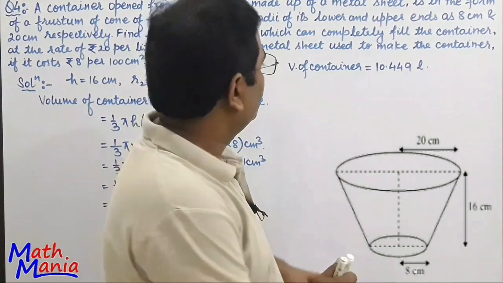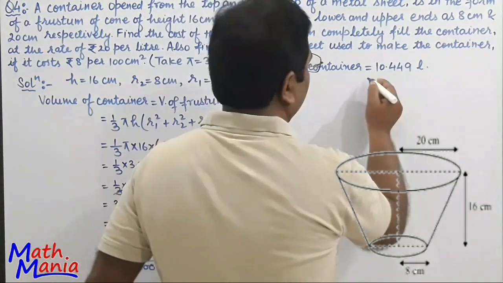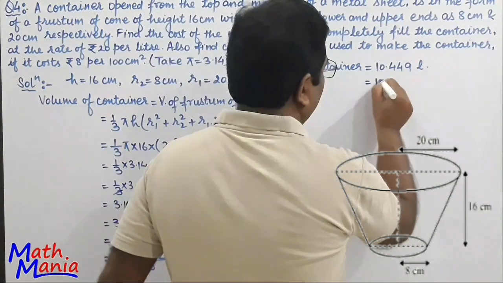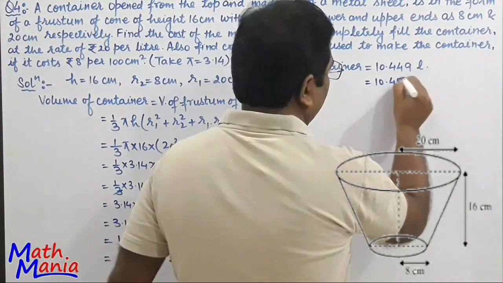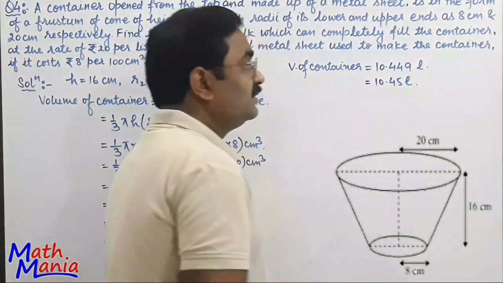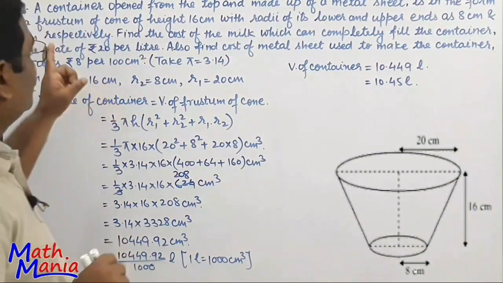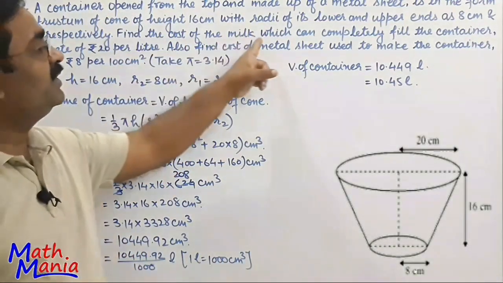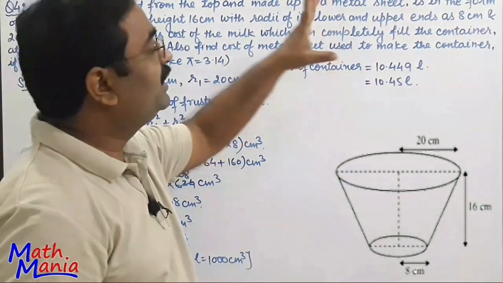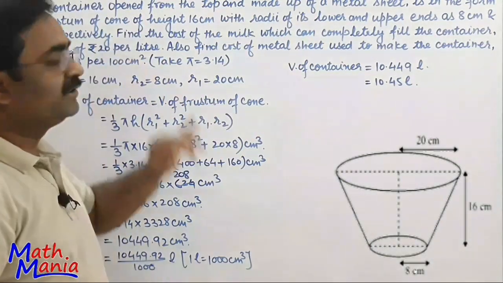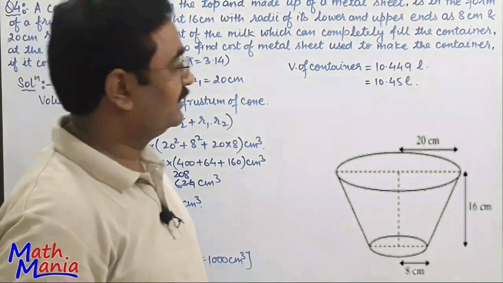Which is nearly equal to 10.45 liter. Now we need to find out the first question: find the cost of milk which can completely fill the container at the rate of 20 rupees per liter.